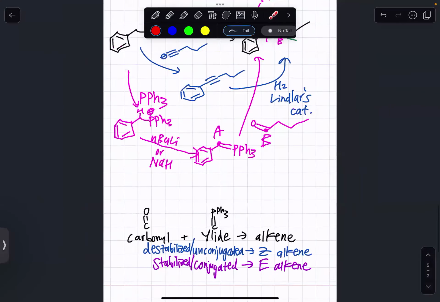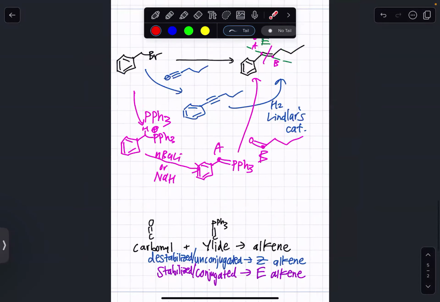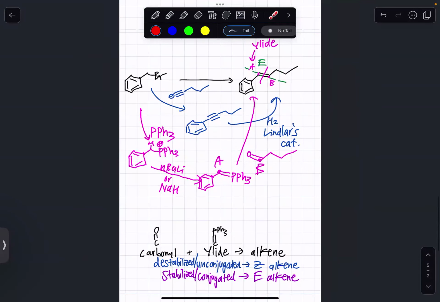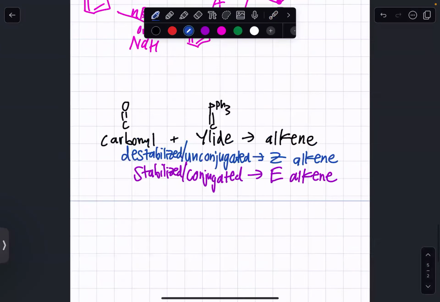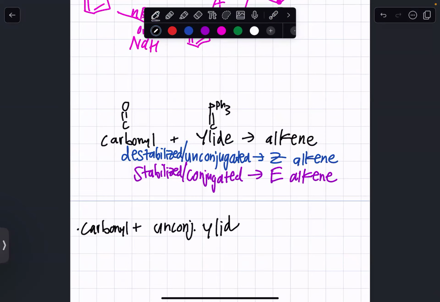But is it better to know that if it's an E alkene in the end, you had a conjugated ylide? Yeah. And so to figure out which side, I'm trying to verbalize this.